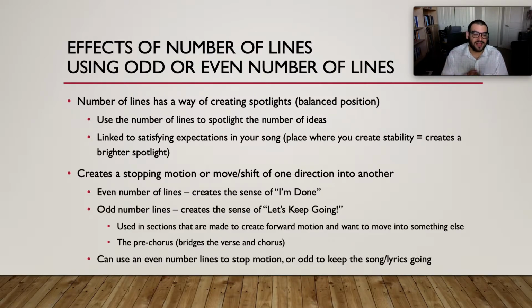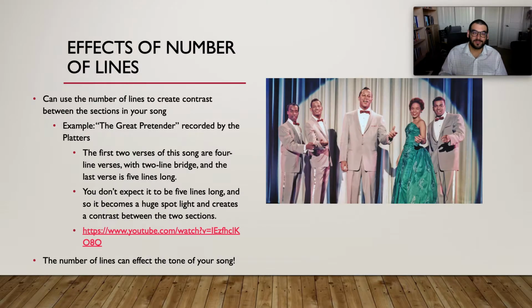Here we go, folks. You can use an even number of lines for stop motion, and an odd number of lines to keep the song going. So what is the effect of the number of lines? Well, if you take a listen to The Great Pretender by the Platters, you will see that the first 2 verses of this song are 4 lines, with a 2-line bridge, and the last verse is 5 lines long.